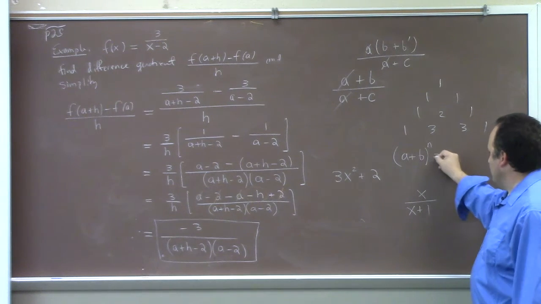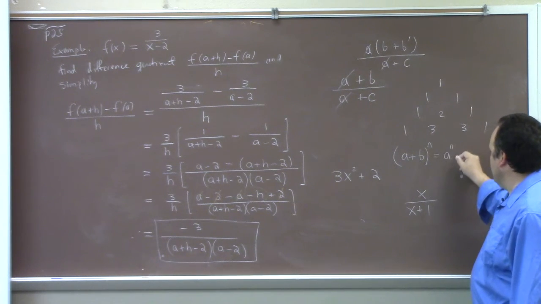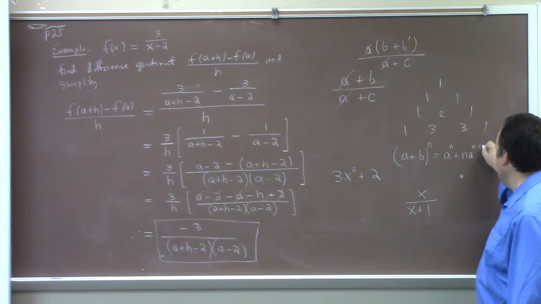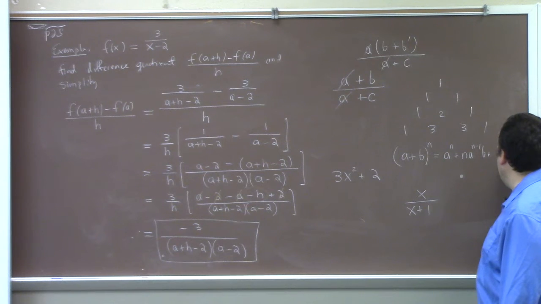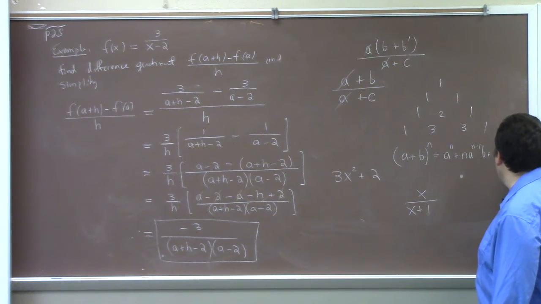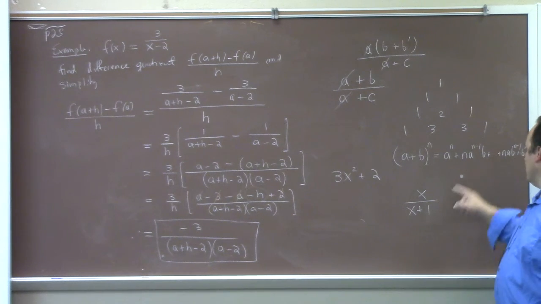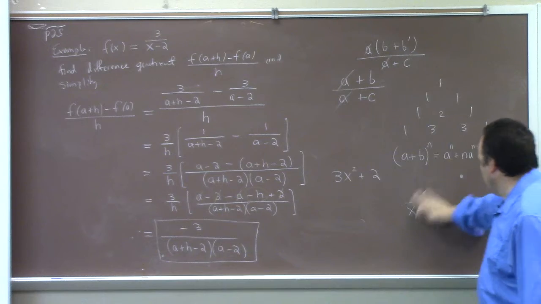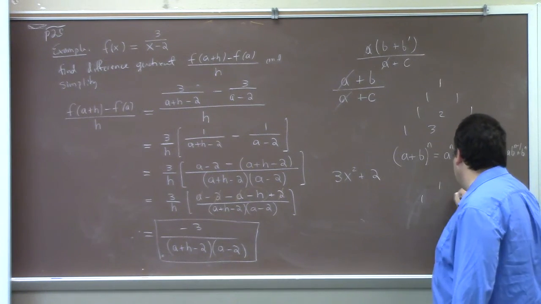And what you do is you write a to the n, and then the next one is always n, a to the n minus 1 b. And eventually you get to n, a, b to the n minus 1, plus b to the n. That's always the pattern. There's always an n on the outside of this thing.